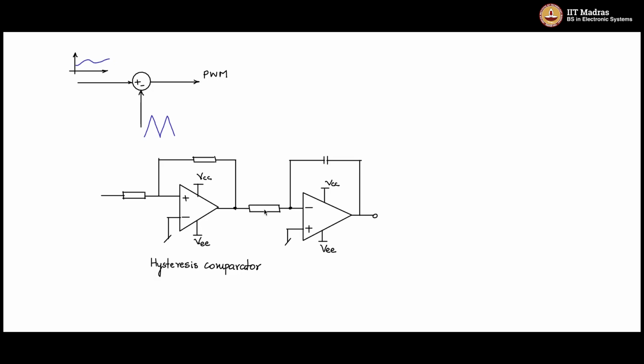If I give a constant current here, the capacitor will charge with the constant current, and the polarity of the capacitor will depend upon the direction of the current. If this is positive and the current flows in this direction, the capacitor will charge with a plus on this side.